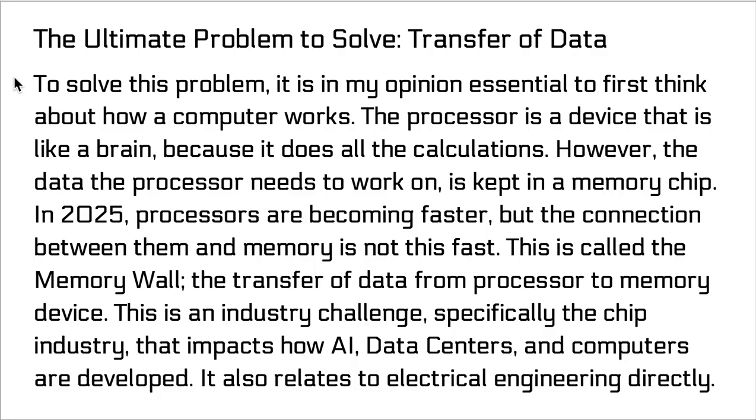It may be pretty advanced, but not too advanced. And this challenge is known as the memory wall, as discussed before, and that's why it's a problem. The memory wall is the transfer of data from processor to memory device.